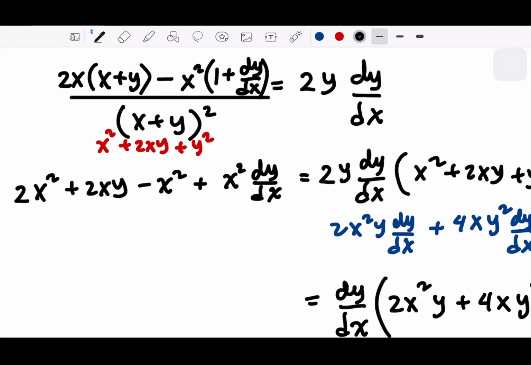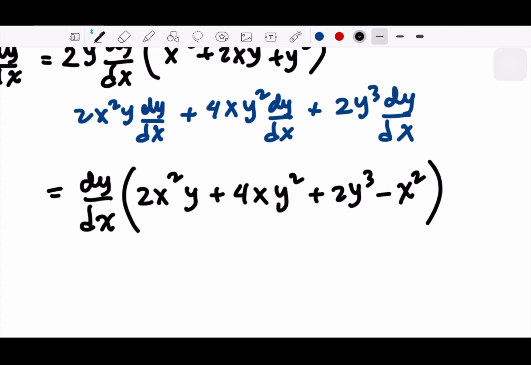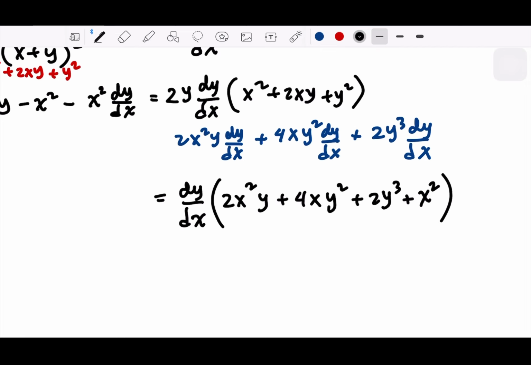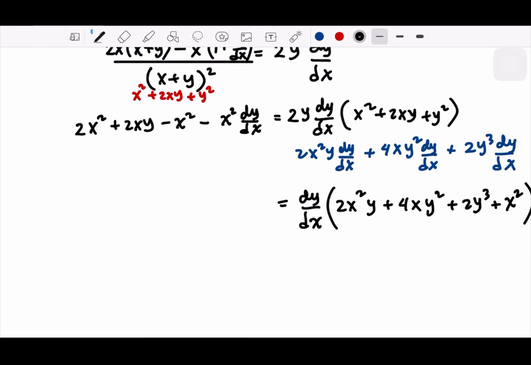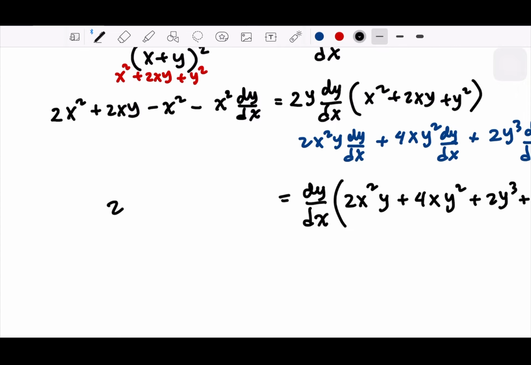Oh, I think plus, oh, this is minus, sorry. I just realized that, so this will be plus, okay? And then the other side will be 2x squared plus 2xy minus x squared.